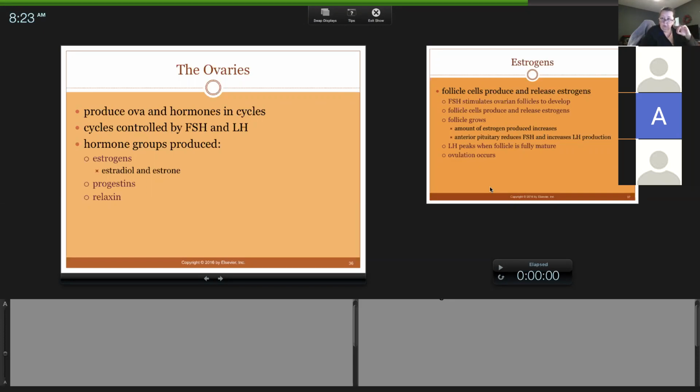Now, within the ovary itself, which is in the abdomen attached to the uterine horns, the ovaries produce hormones. But usually, like I said, there's pituitary hormones, and then there's their target or their satellite organs, which the ovaries produce estrogens, progestins, and relaxin. So those are produced by the ovaries. So you need to know which ones are in the pituitary and which ones are in the organ itself.